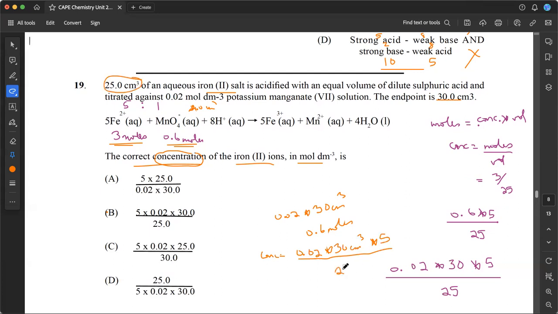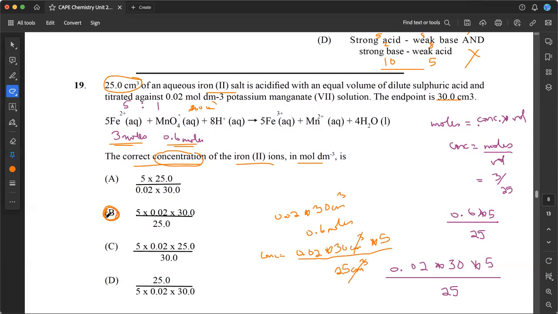So we divide by that volume that's specific to the iron salt, and when we do that, we see that these cancel, and so we're going to end up with 0.02 times 30 times 5 divided by 25. And that's this one here, right? So this represents the concentration of iron ions in mole per dm cube.